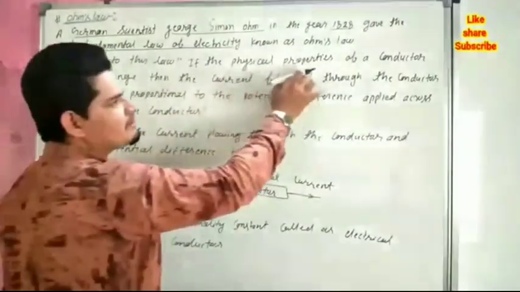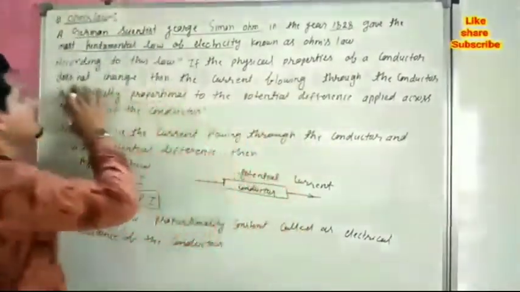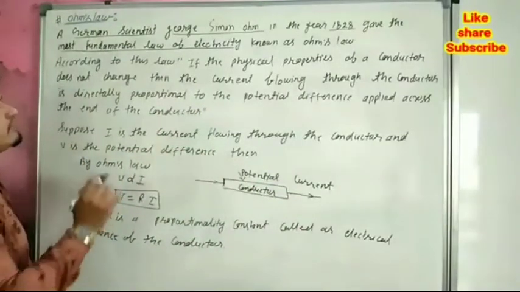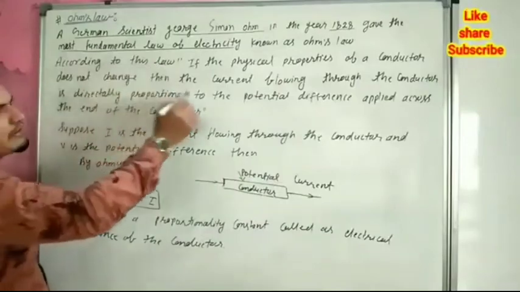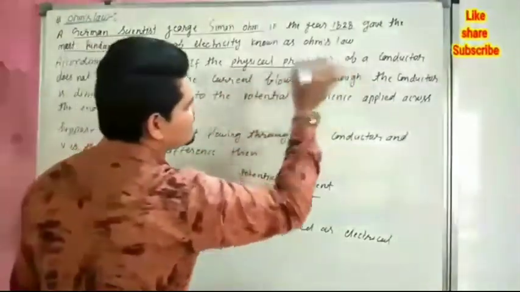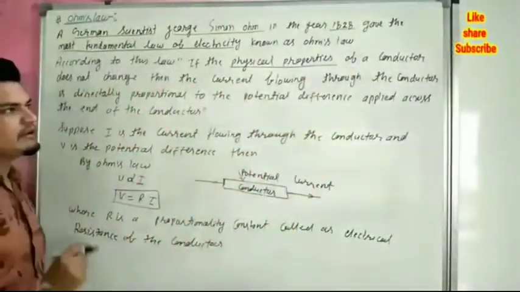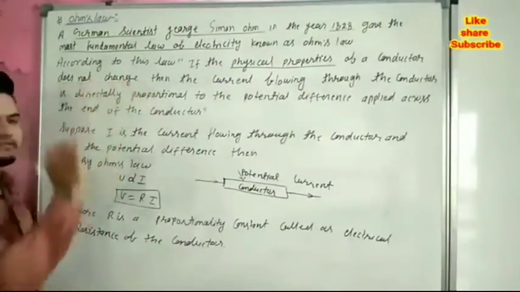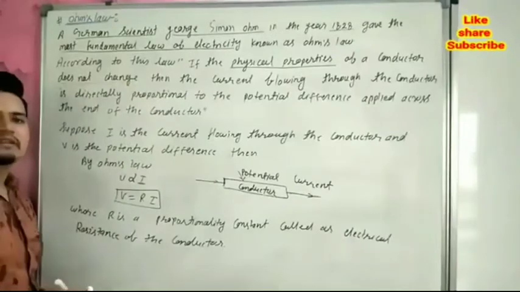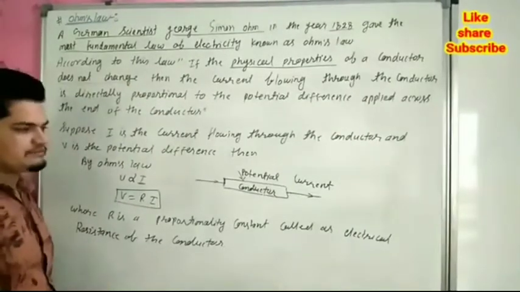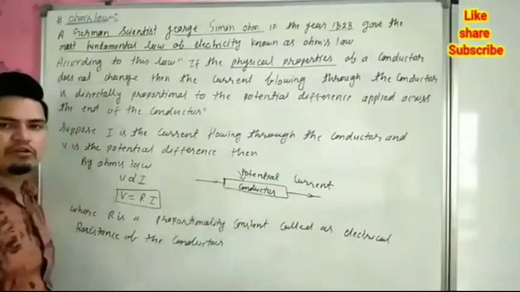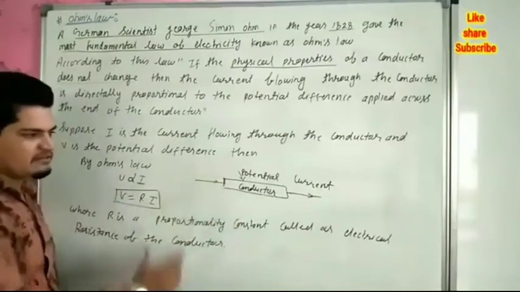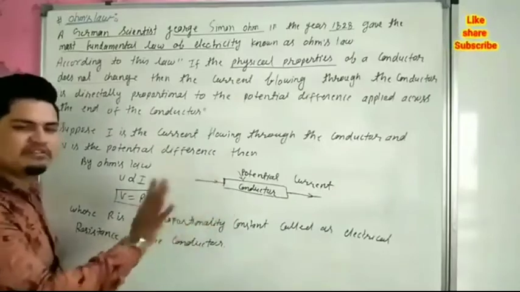According to this law, if the physical properties of the conductor do not change, remember the condition. Physical property means the length of the conductor should not be changed, the temperature of the conductor should not be changed, and the shape and size of the conductor should not be changed.